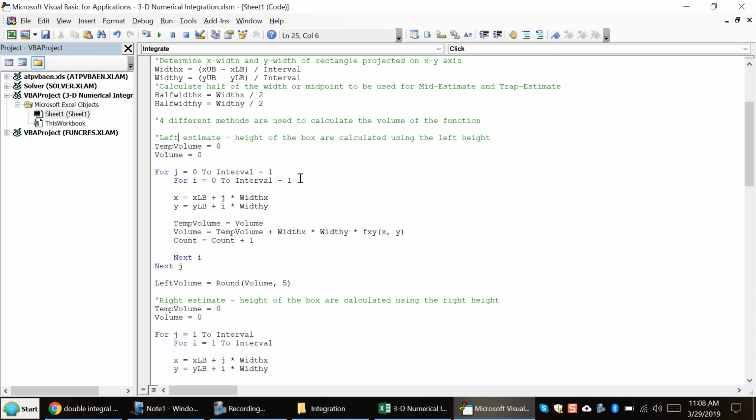Okay, so then that's real simple to do. I just do a nested for next loop. So I say for j equals 0 to interval minus 1, for i equals 0 to interval minus 1.